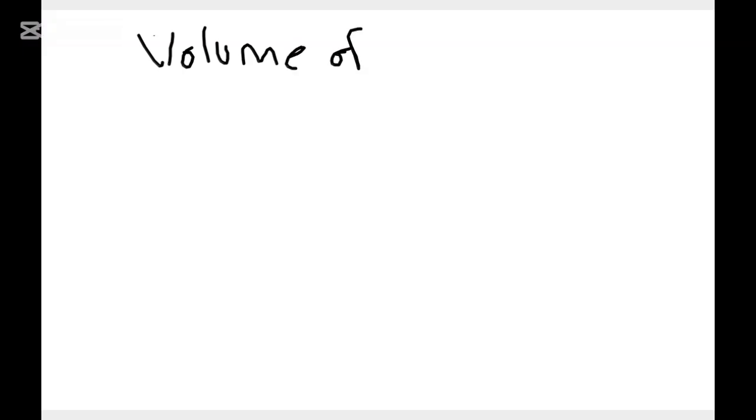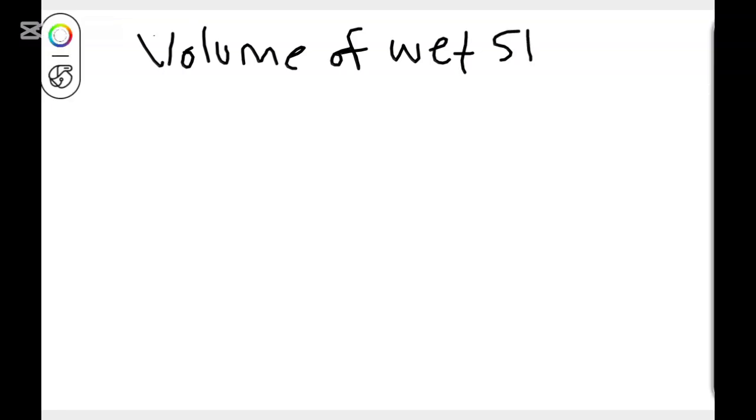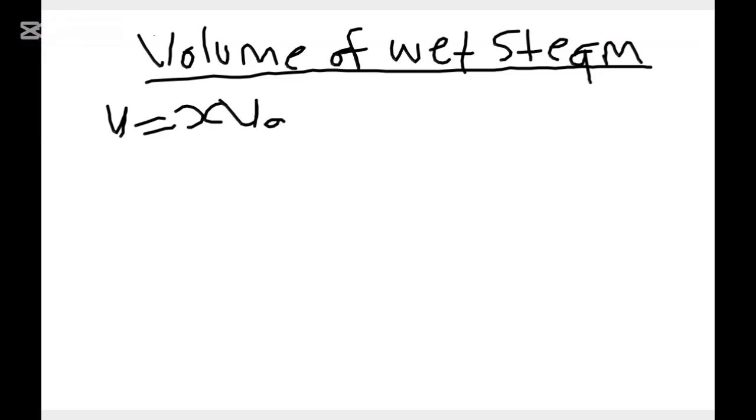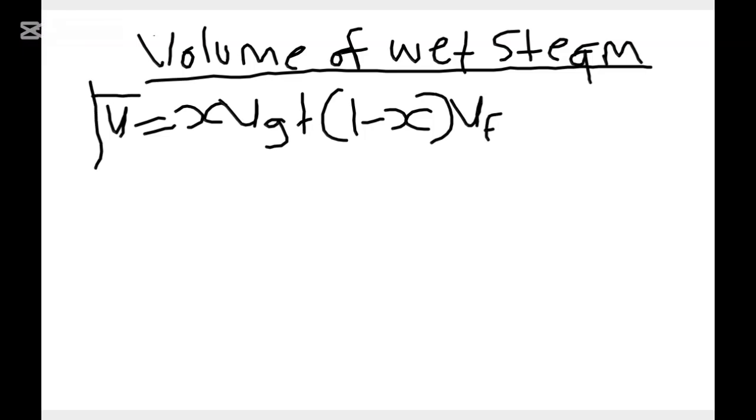So we have the volume of wet steam. V is the same thing as the dryness fraction multiplied by Vg plus 1 minus the dryness fraction multiplied by Vf.